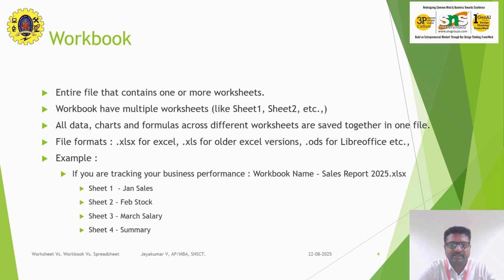And sheet 3 can be named as March sales, which represents the sales of March month. And sheet 4 can be named Summary where you can perform the calculations using the data provided in sheet 1 to sheet 3, which is used for your analysis purpose.